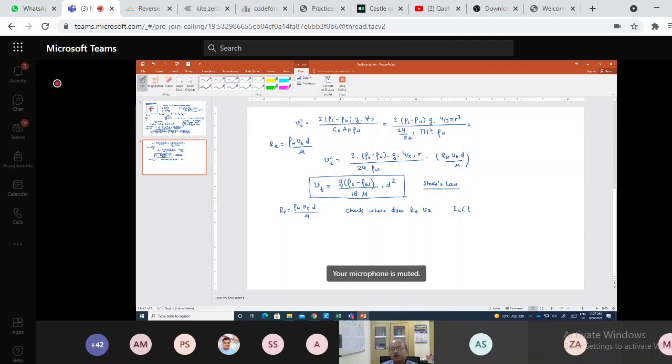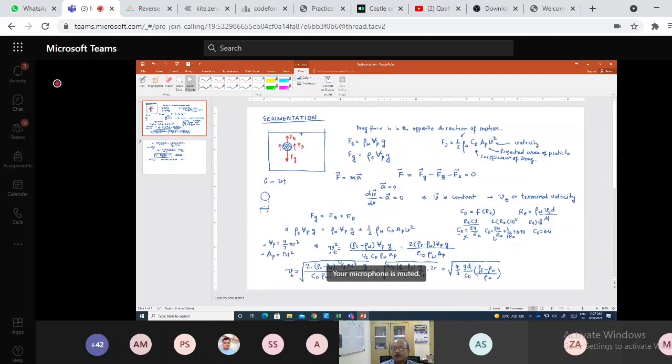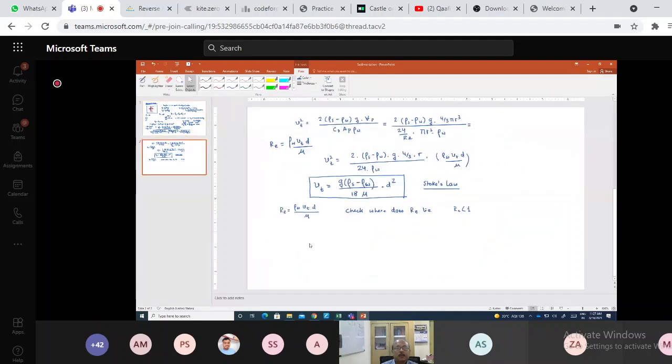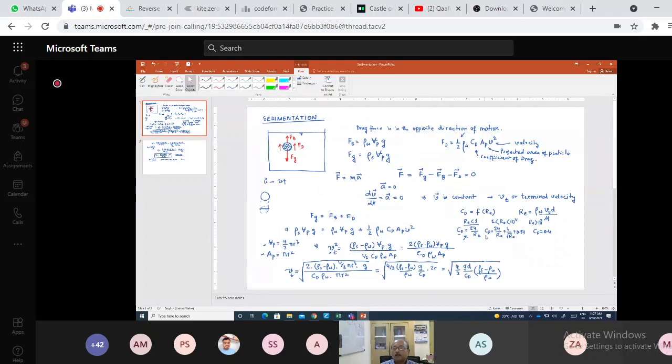But if it is not, and if you find this is in the transition zone, then you have to follow some iterative procedure. How will this iteration go on? Please find out the value of Cd from here, putting in the value of Re that you have gotten. Then put this value of Cd in this equation and find a new value of Vt.